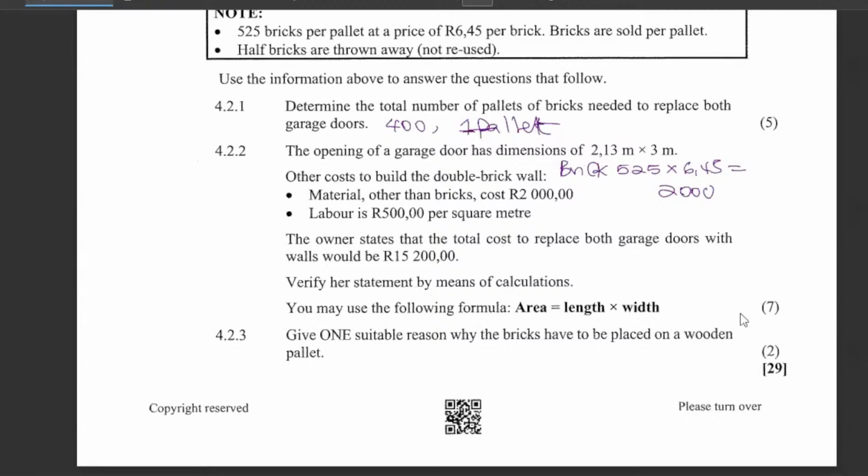We shall multiply 2,1 times 3, which becomes 6, which is approximately 7. So 7 times the 500.